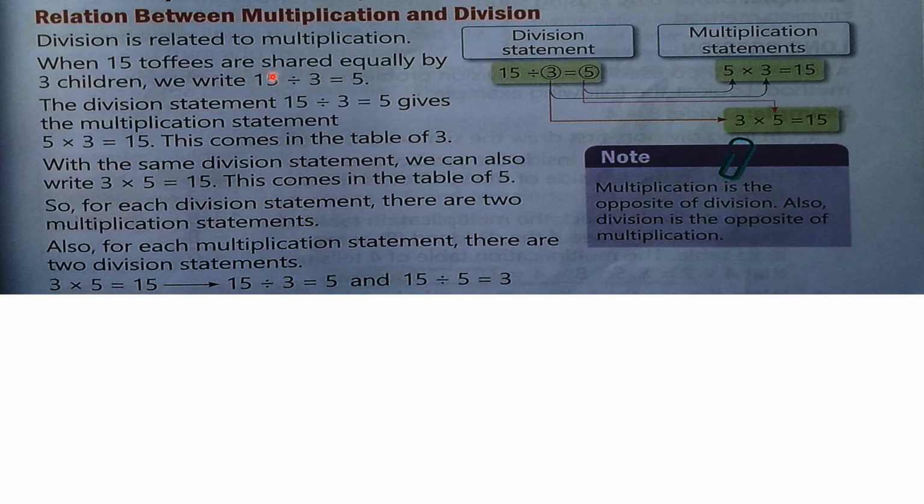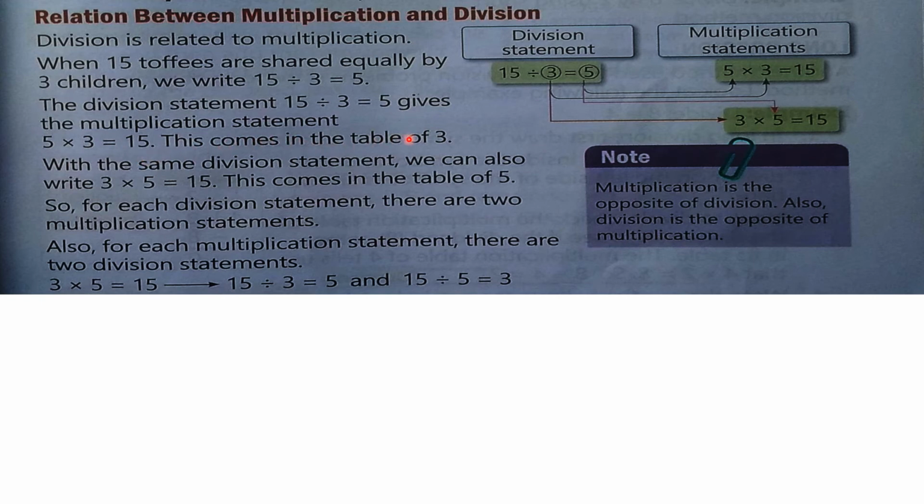When 15 toffees are shared equally by 3 children, we write 15 divided by 3 is equal to 5. Why? Because 3 multiplied by 5 is equal to 15, so we get the answer 5. The division statement is 15 divided by 3 is equal to 5, and the multiplication statement is 5 multiplied by 3 is equal to 15.